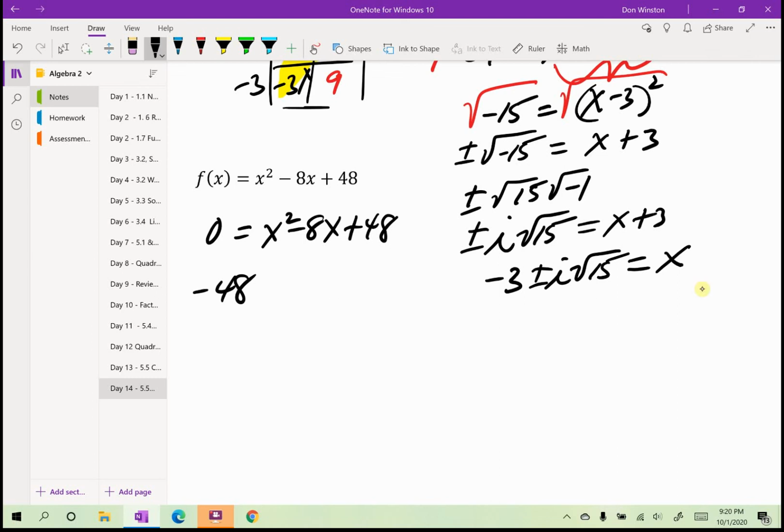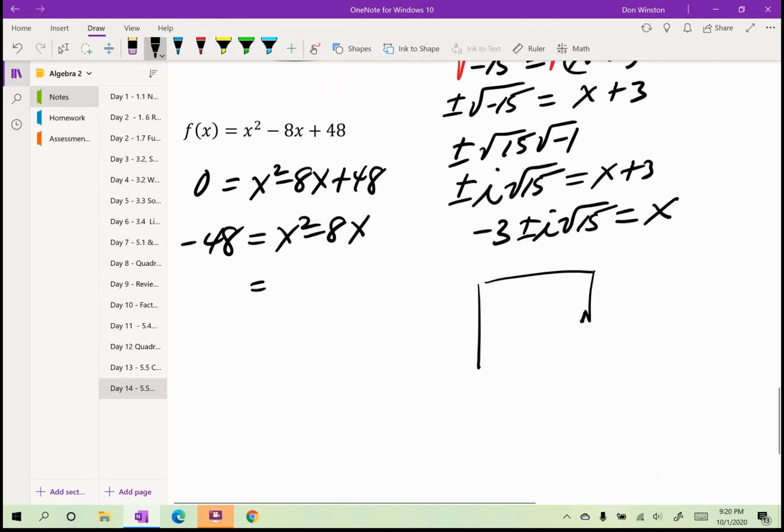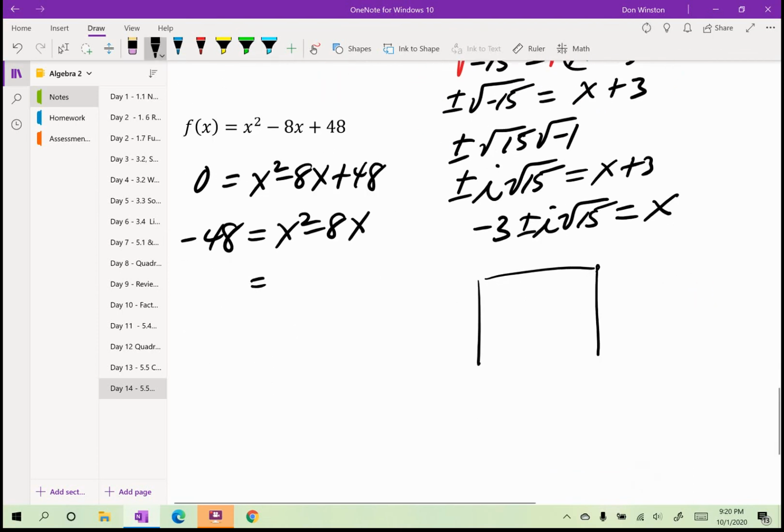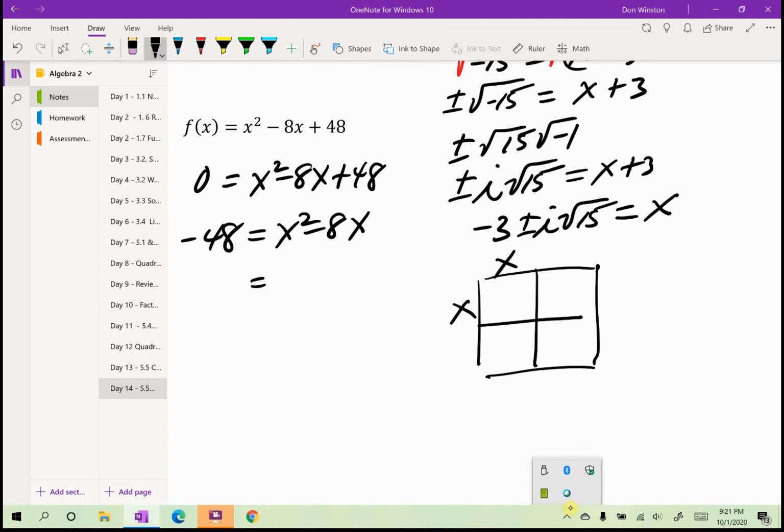So I have negative 48 equals x squared minus 8x. I'm going to complete the square on that. So I'll have my x, and that's my x squared. And I'll take negative 8 and divide that by 2, and that's negative 4.